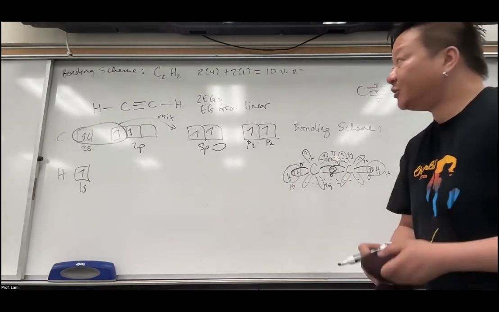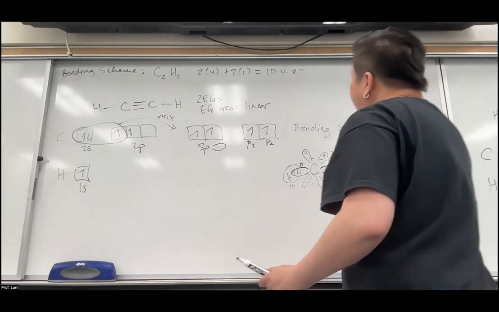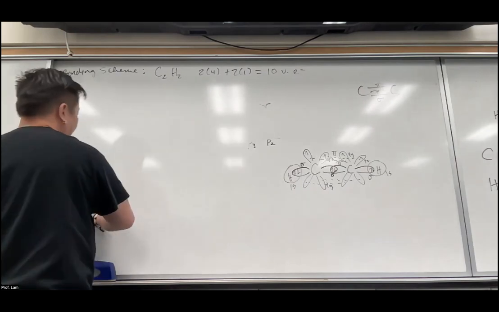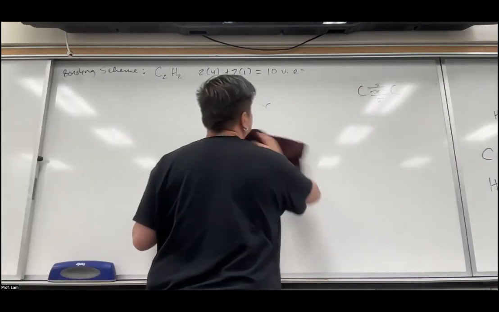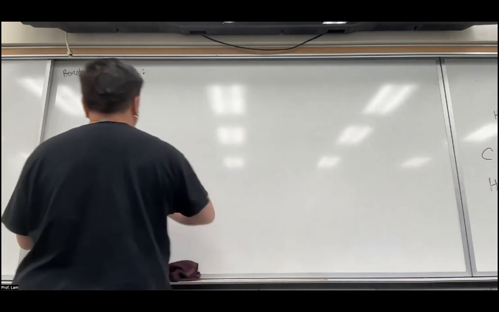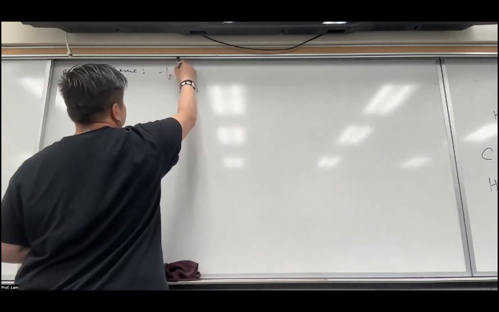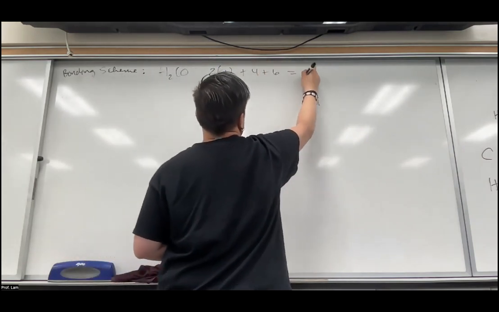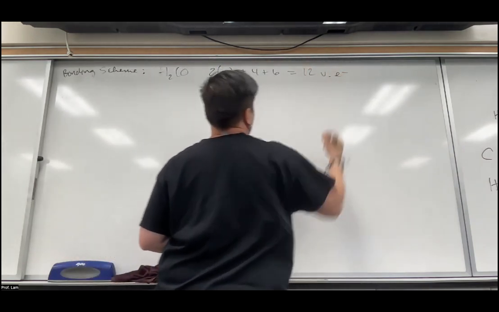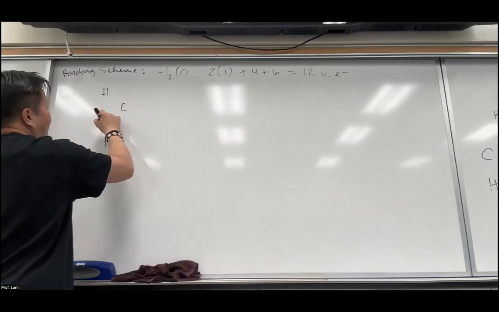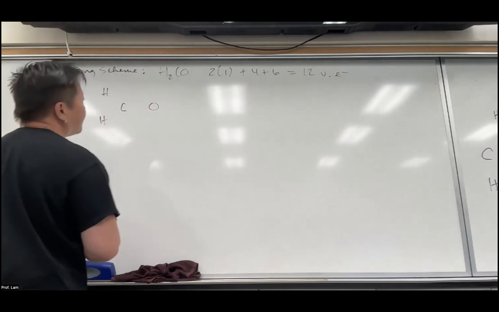Alrighty, let's do one last example. Let's do H2CO. That's 2 times 1 plus 4 plus 6, so we got 12. Carbon in the center, put hydrogens here, oxygen there.